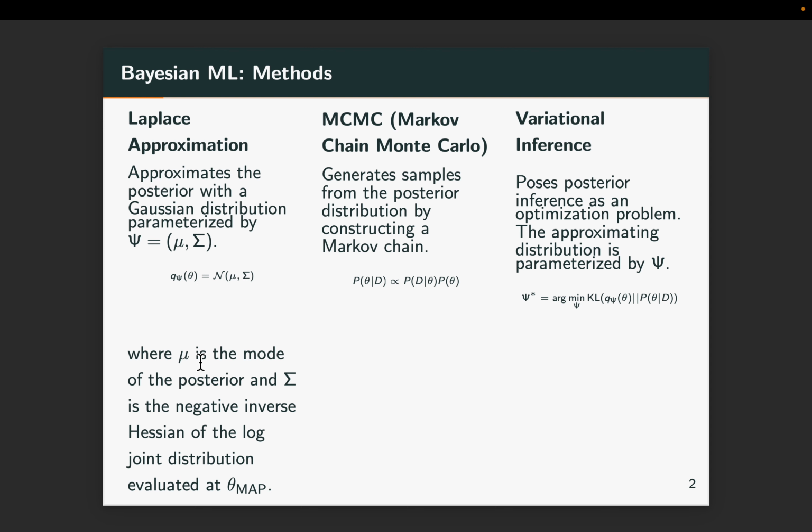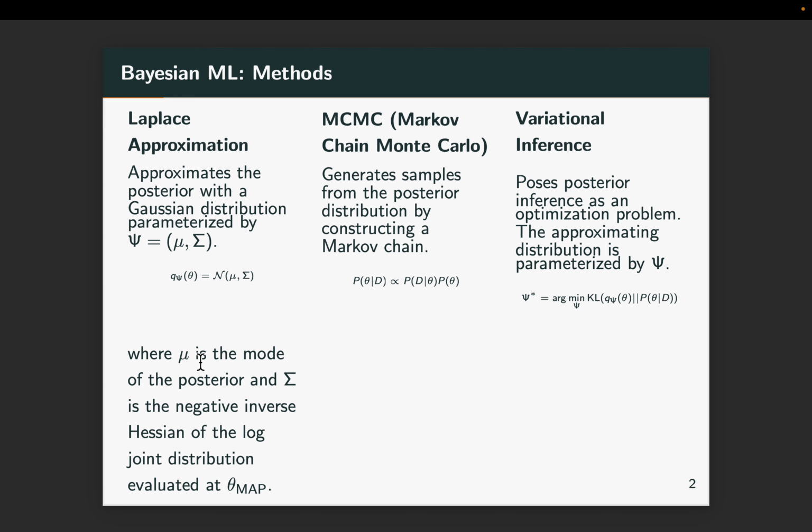So if q were indeed a normal distribution, we would try to optimize over both mu and sigma, the covariance matrix. But as I mentioned, this q could be a Student's t distribution, it could be a mixture of Gaussians, it could be anything you want. The only thing is you have to be able to parameterize it, so that you can pose an optimization problem and find the optimum.